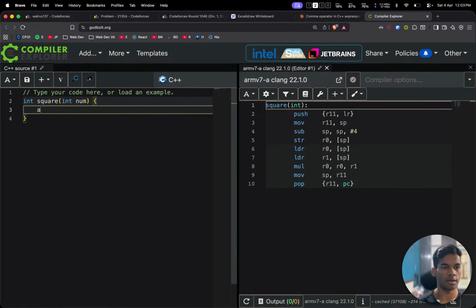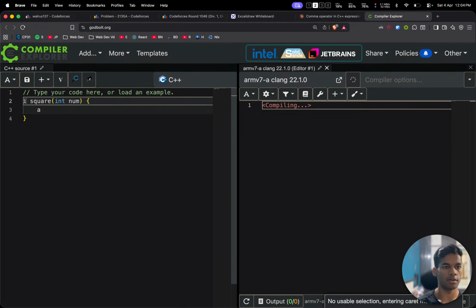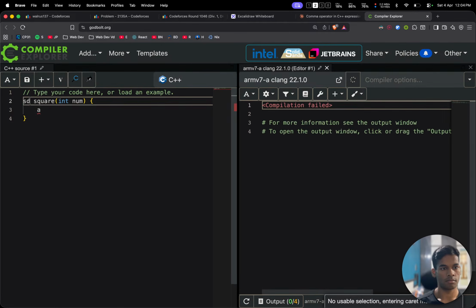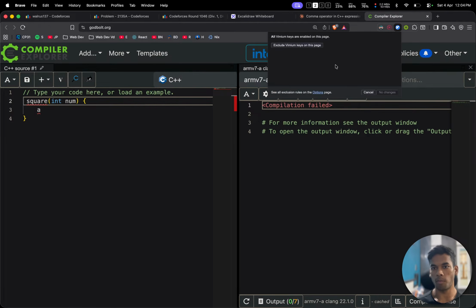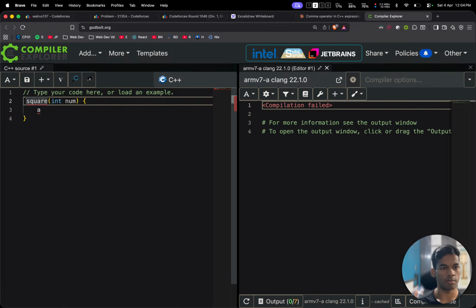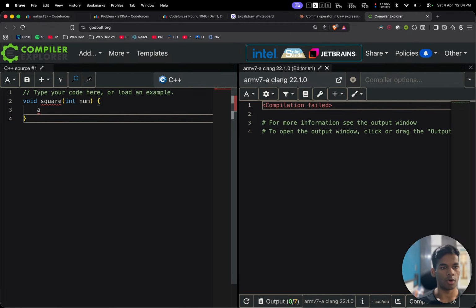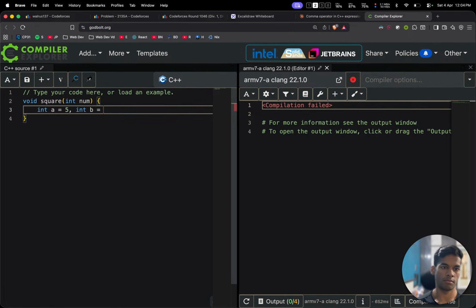If we have a void function, this thing doesn't return anything. Okay, stop Vimium here. Vimium was messing stuff up. Void, if we say int a equals 5 and int b equals 3.